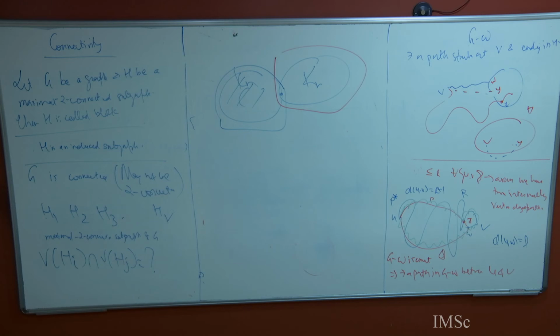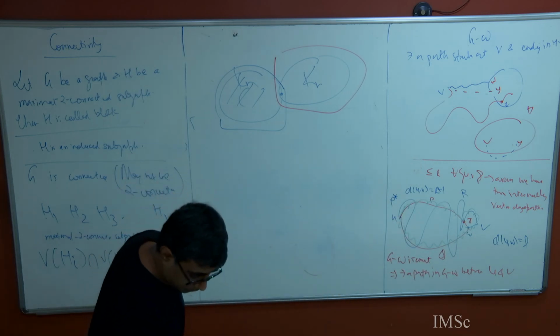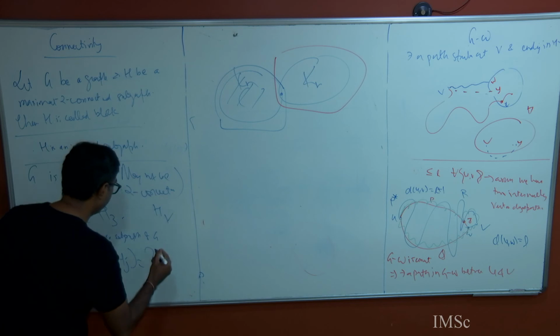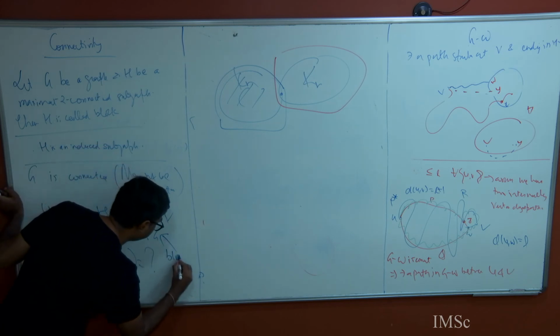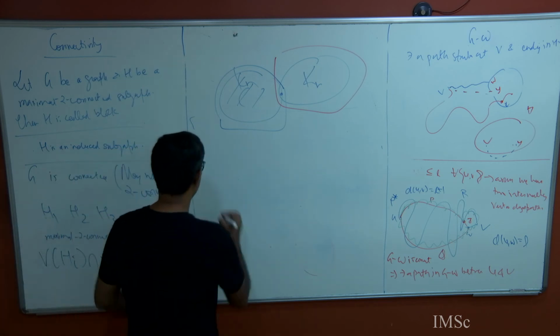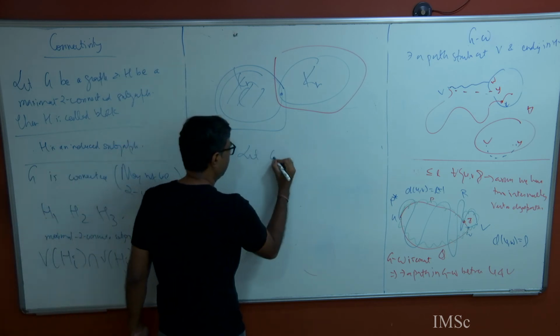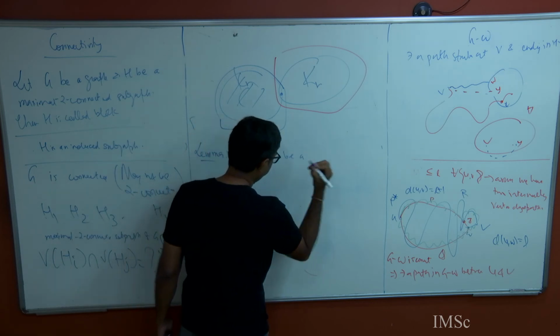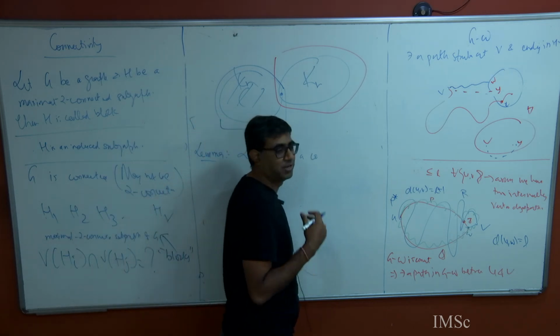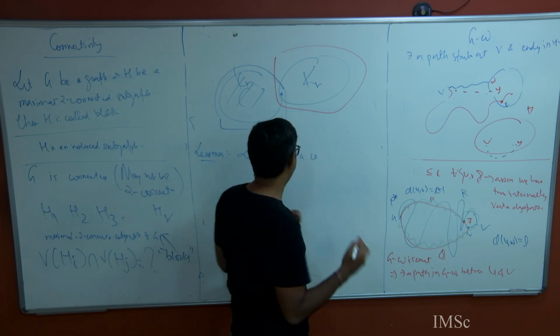Okay. So we have a claim. Everybody has made this. These maximal two connected subgraphs are called blocks, so let me use the word blocks. Here's my lemma. Let G be a graph. Actually, I don't even need connectivity. Let G be a graph.